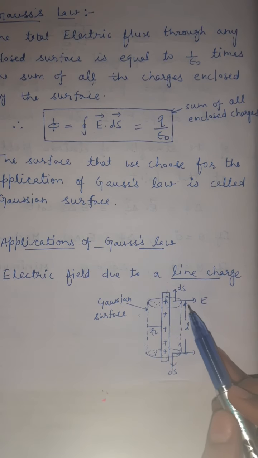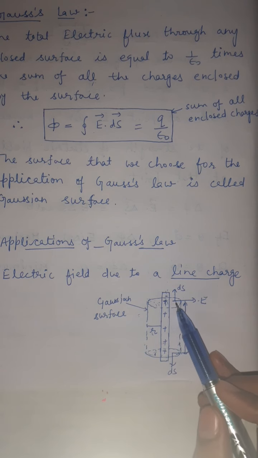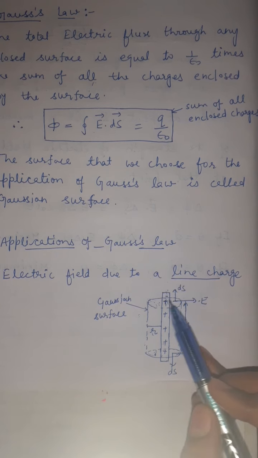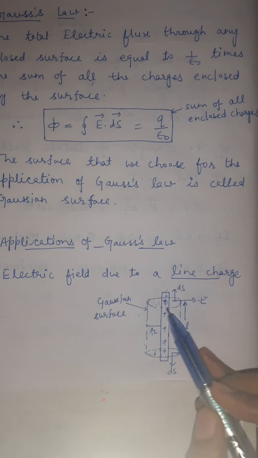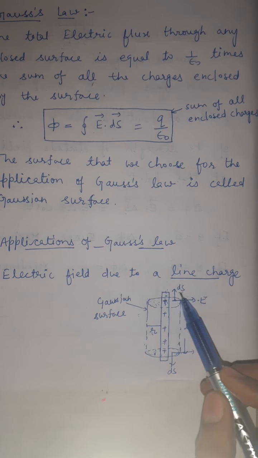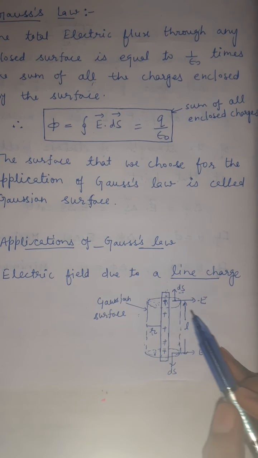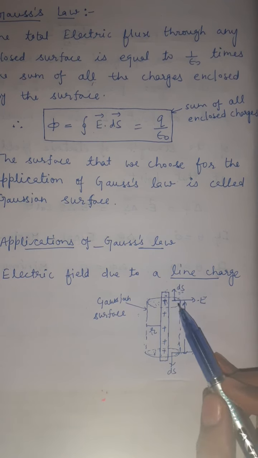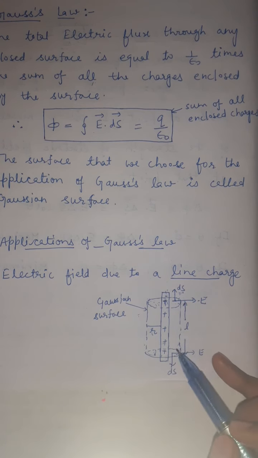For these two surfaces, the electric field is in this direction, because for a positive charge the electric field is always outward, and the surface area will be normal to this surface. For these two cases, the angle between the electric field and the surface area is 90 degree.